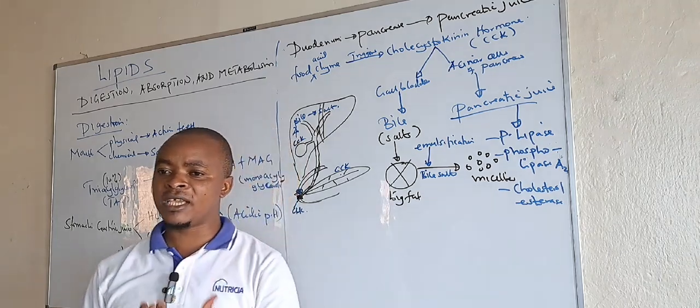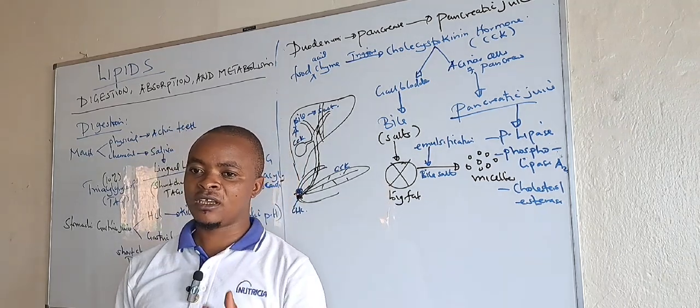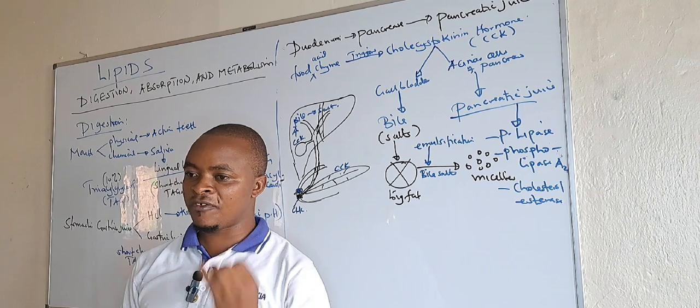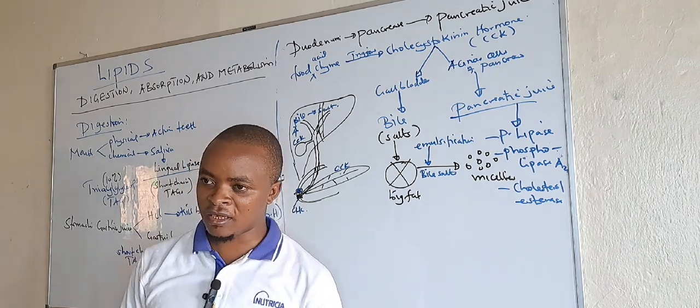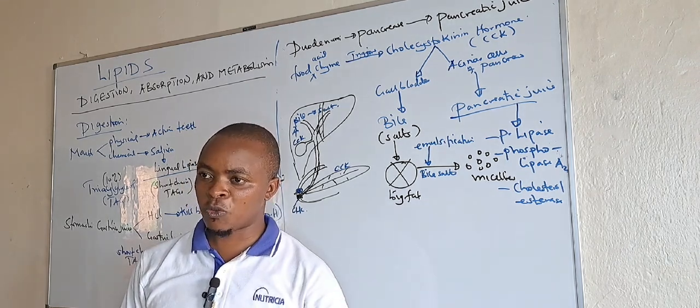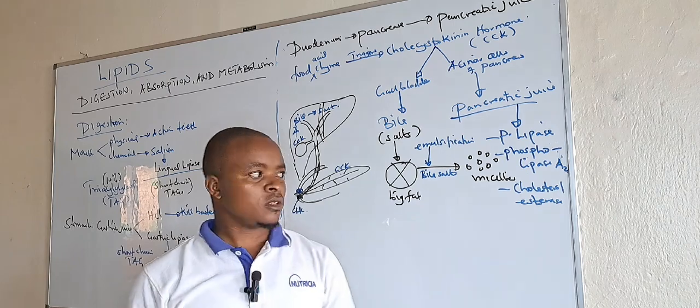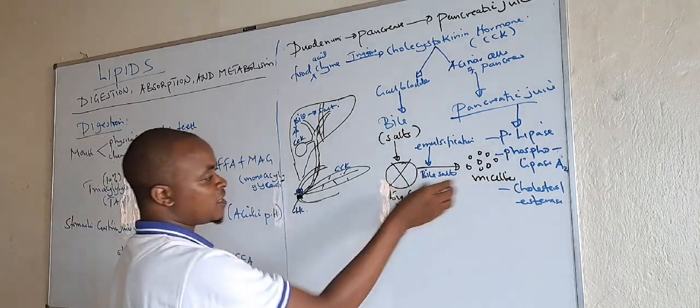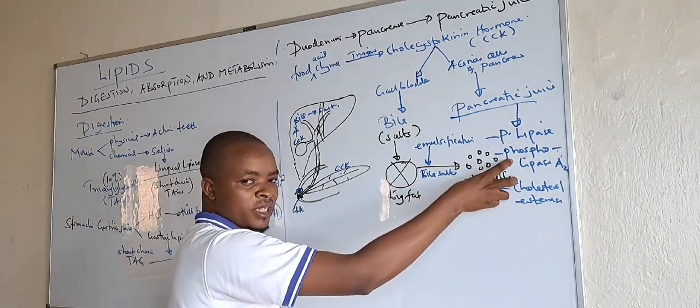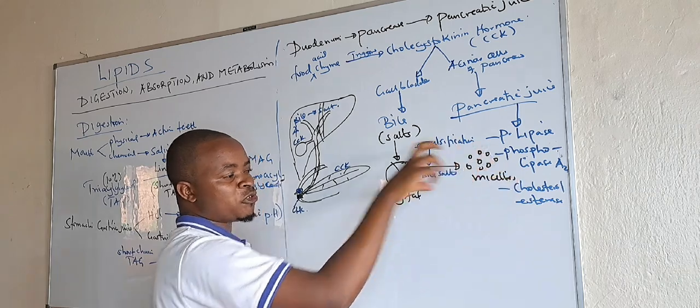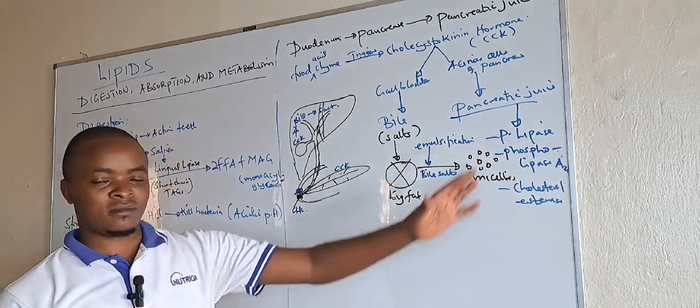As I told you in the beginning, the fats we eat, the food we eat, contain triglycerides, phospholipids, and cholesterol esters. So we need to hydrolyze them. So we shall see these enzymes, after breaking the big fat globule into smaller droplets called micelles to increase the surface area for action of these enzymes.